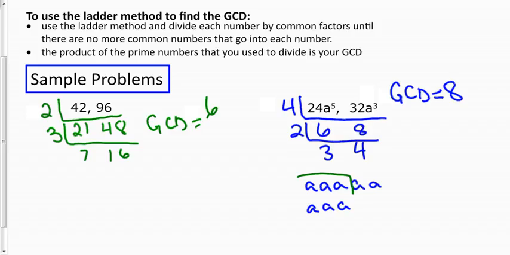Well, they share this in common, a times a times a. So that is the greatest common divisor of the variables, a to the 3rd. So the way I'll write my final answer here, the greatest common divisor of 24a to the 5th and 32a to the 3rd, the largest number that will divide into both of those evenly, is going to be 8a to the 3rd.